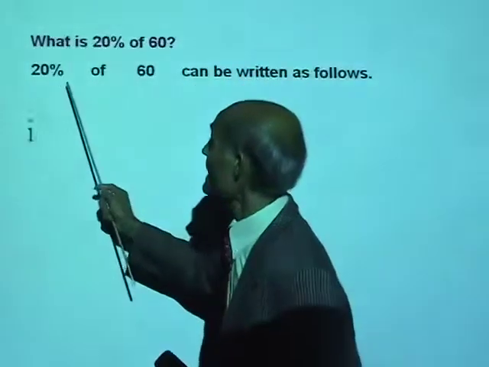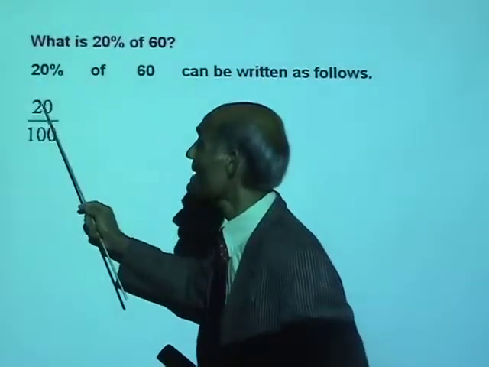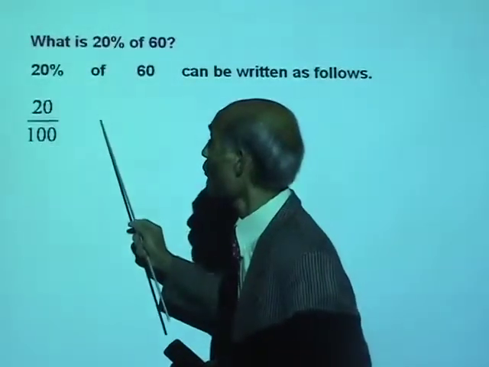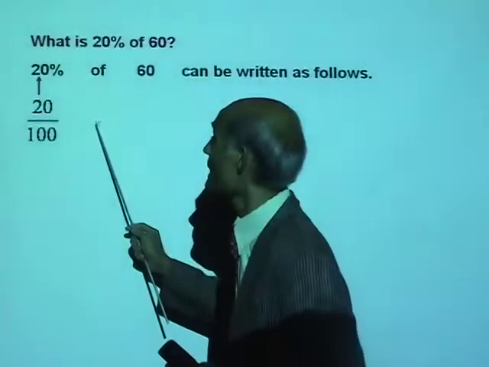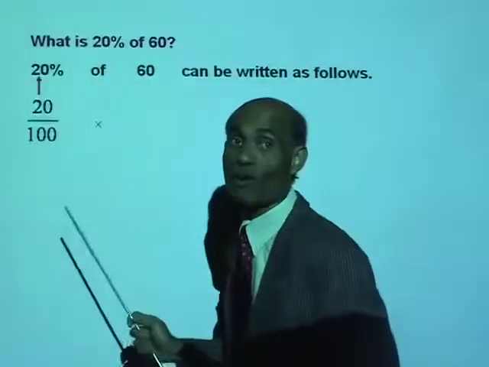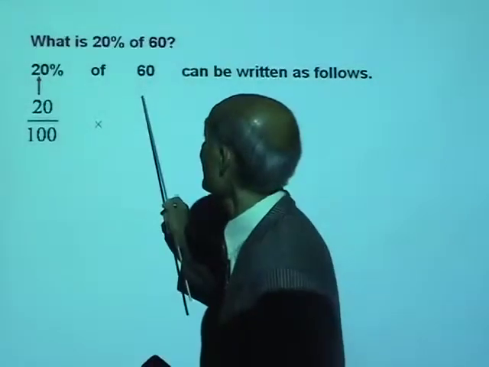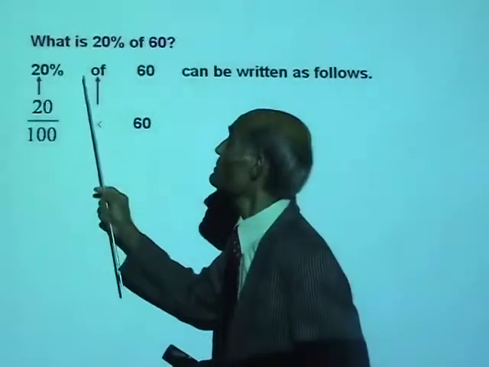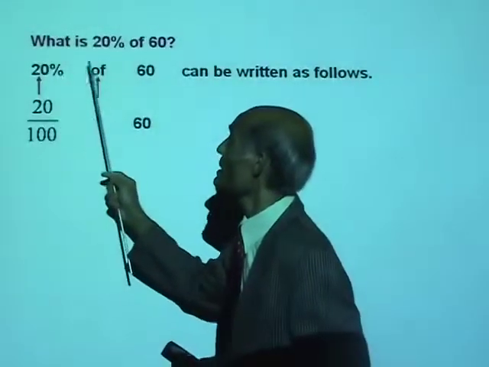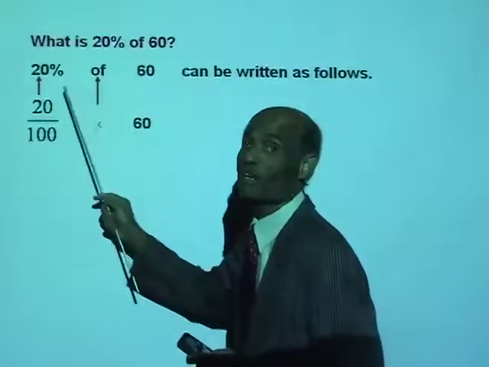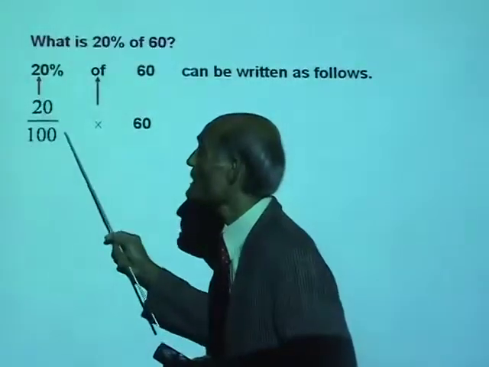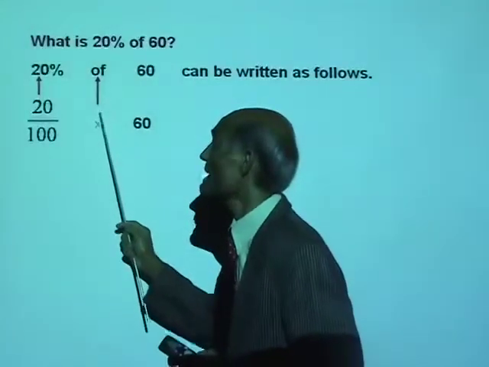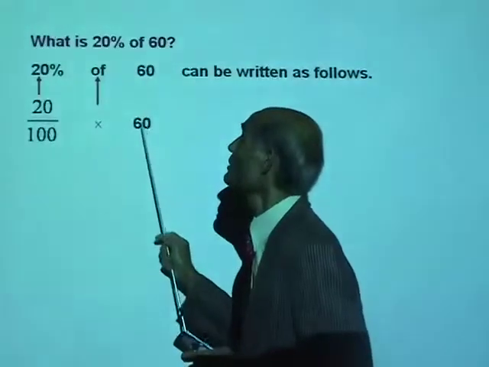Alright, let's write it like this. 20% is 20 divided by 100, and "of" becomes a multiplication, and 60.